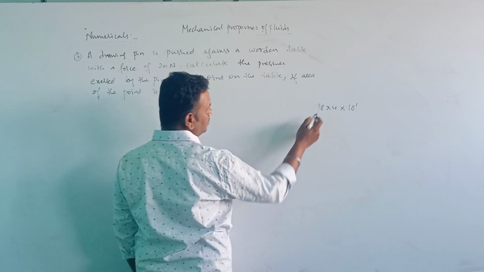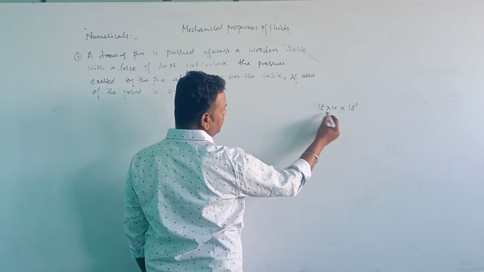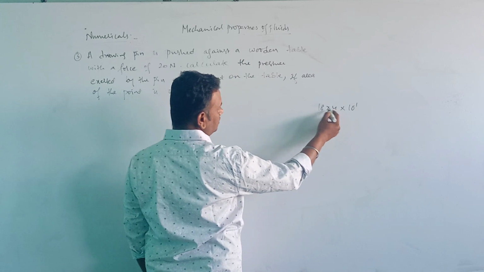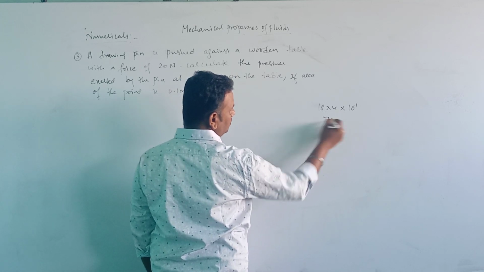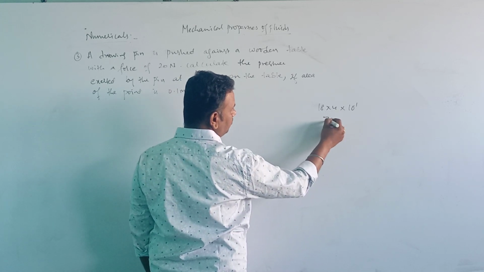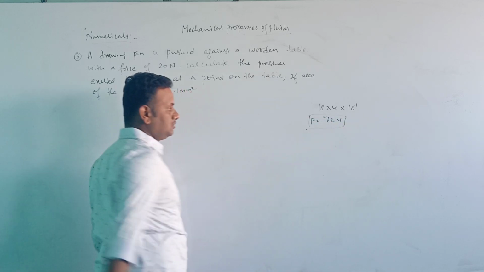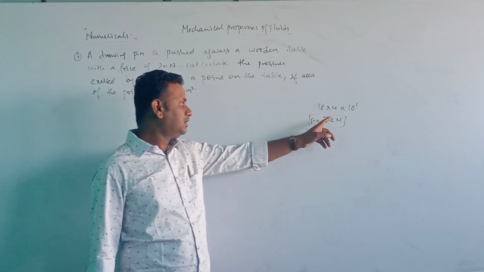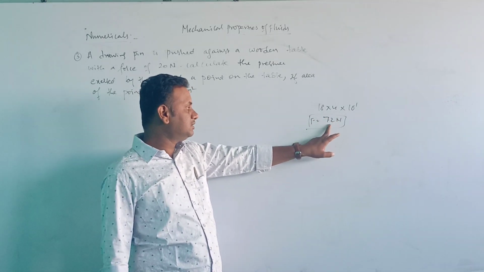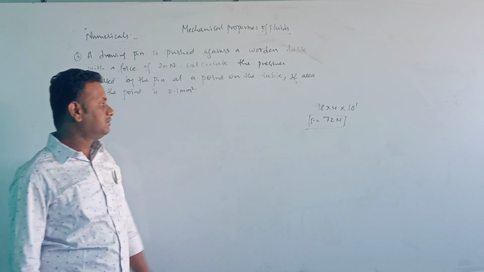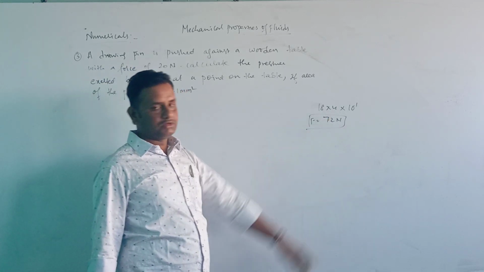So 18 into 4 is 72, and the point here gives 7.2. So previously written 5.2 there, it will be 7.2 Newton.